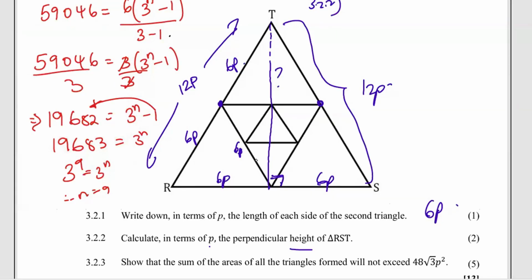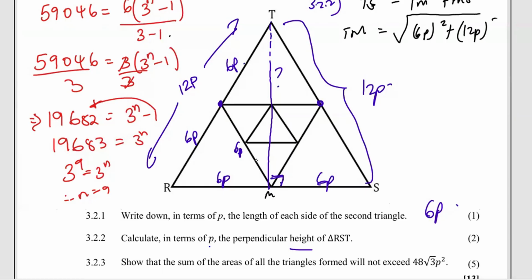If we have TA squared, it must be equal to, I'll call the midpoint M, TM squared plus MS squared, but it's 2 marks. I don't know why I'm stressing with this. Meaning that my TM is going to be the square root of MS, which is 6p squared, plus this one, which is 12p, everything squared.